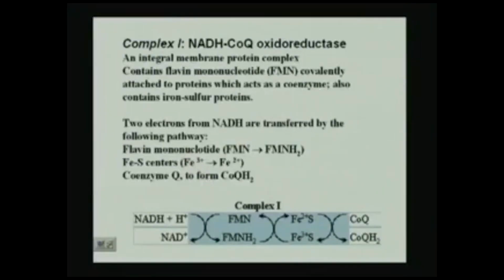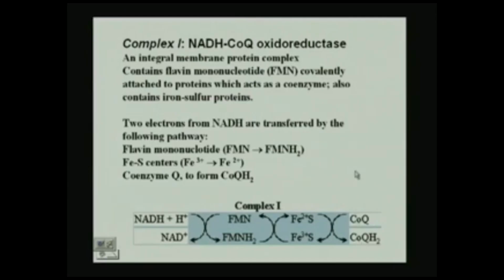If you are going to have H2, what is H2? 2H plus 2 electrons, right. So, when you have the 2 H atoms taken up here, the 2 electrons are taken up by Fe3 plus, and it forms Fe2 plus. Then what did we learn about coenzyme Q? Coenzyme Q can take up these 2 electrons and form coenzyme QH2, which is the quinol form.